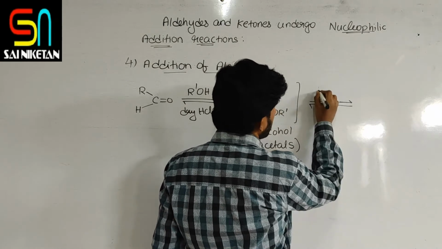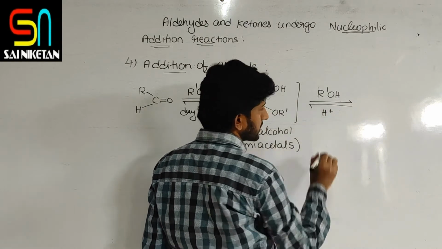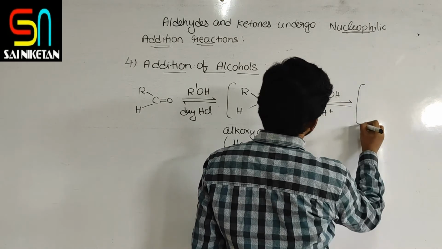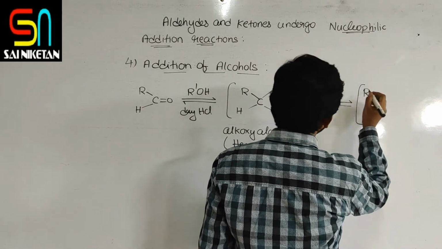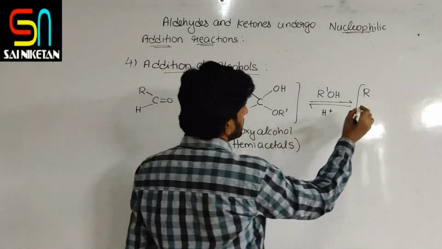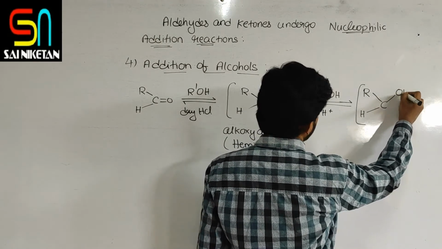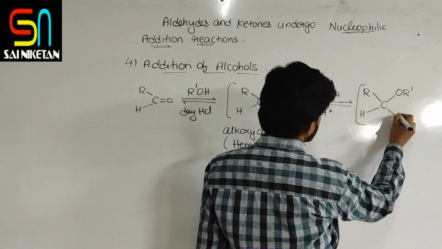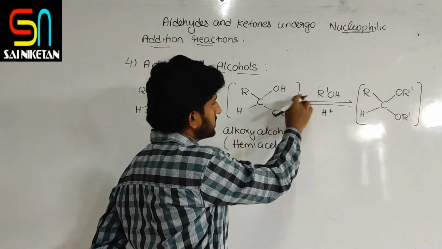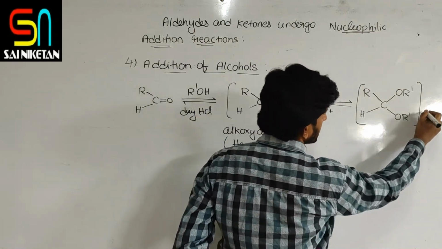If you take 1 more mole of alcohol and the reaction continues, this OH is replaced with 1 OR. So you get the compound like this. It is a nucleophilic substitution type of reaction: this OH is replaced with OR minus, and H2O is removed, plus H2O.